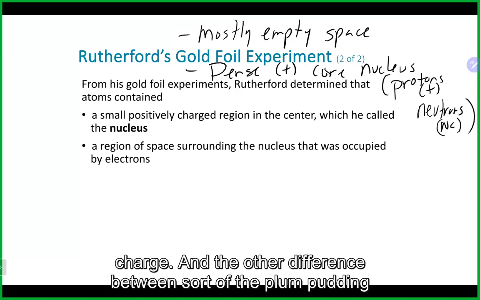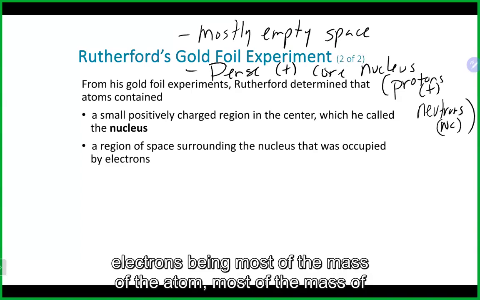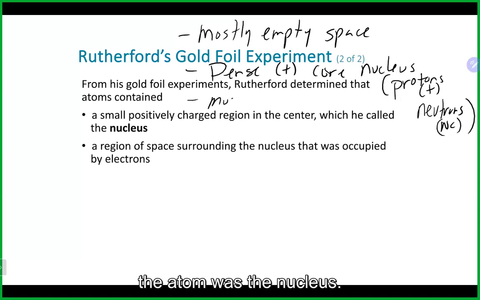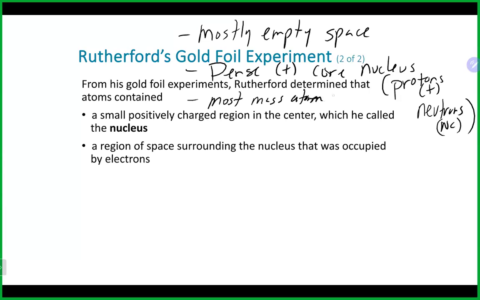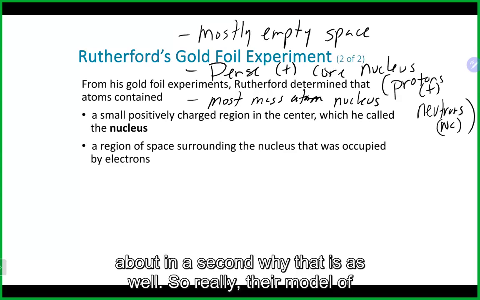The other difference between the plum pudding model and this model of the atom was that instead of the electrons being most of the mass of the atom, most of the mass of the atom is the nucleus, and we'll talk about in a second why that is as well.